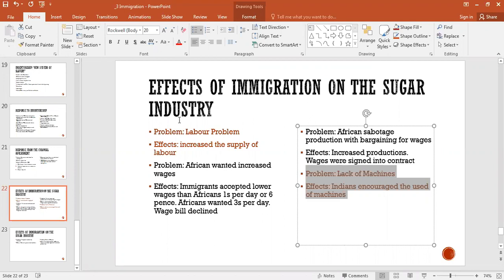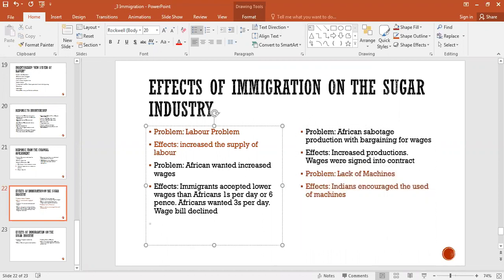So the Africans wanted 3 shillings per day, but now the immigrants, the Chinese and the Indians, are going to accept 1 shilling per day. All right, so that is going to solve the problem by reducing their wage bill.